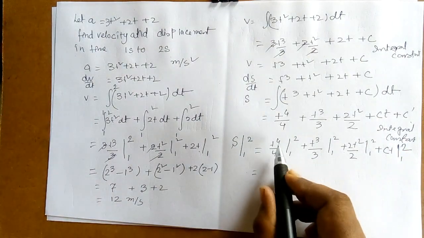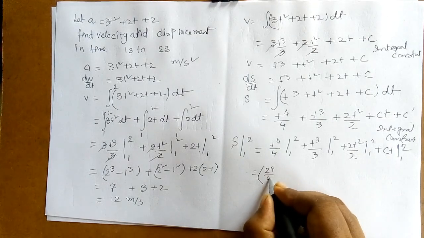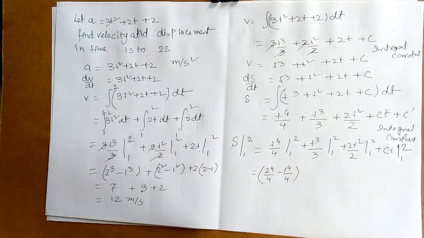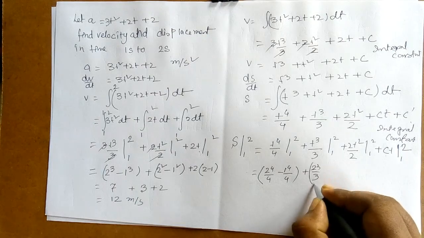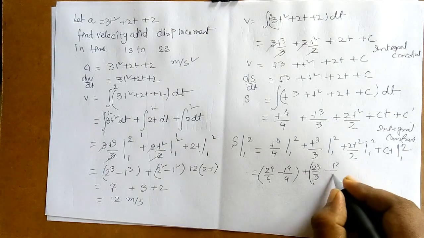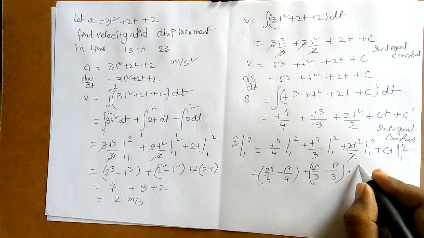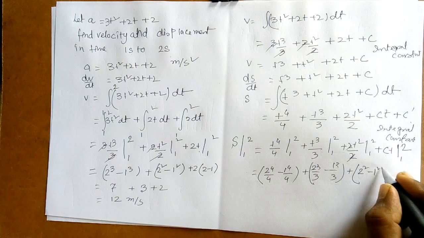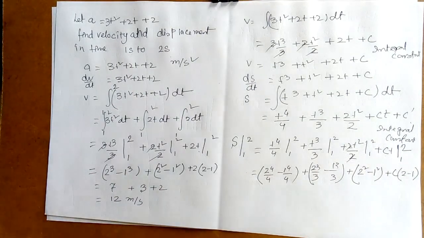So t to the power 4 by 4: 2 to the power 4 by 4 upper limit minus 1 to the power 4 by 4 lower limit, plus 2 cube by 3 minus 1 cube by 3, plus 2 will be cancelled out, 2 square minus 1 square, plus c into 2 minus 1.